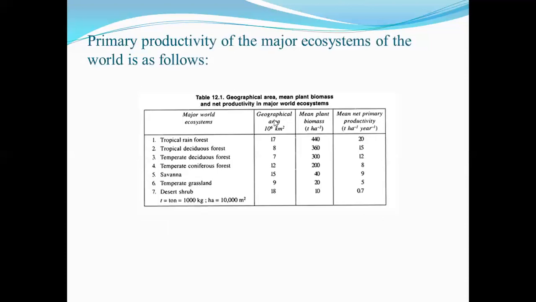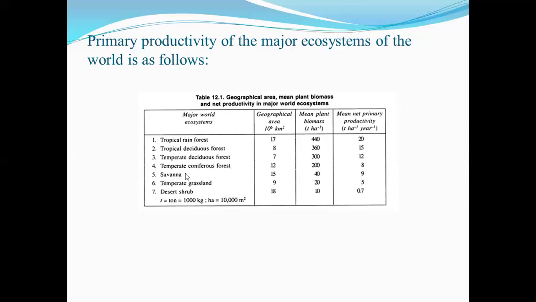So the world's half of the productivity comes from tropical rainforests and deciduous forests. You can see 20 plus 15, 35 tons per hectare per year. Then comes the temperate deciduous forest and coniferous forest, where you can see 12 and 8 respectively. So 1/5 of the total production is coming from the temperate areas.